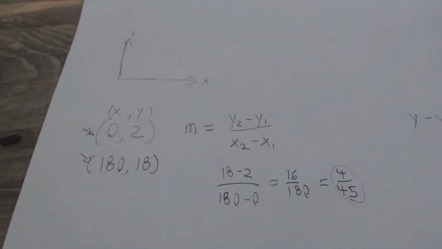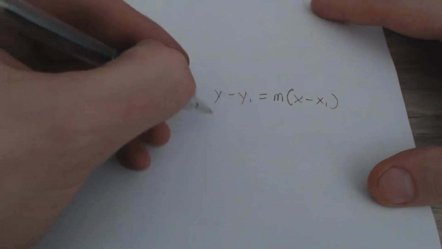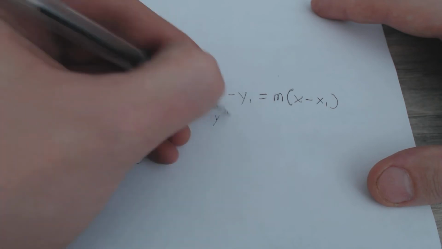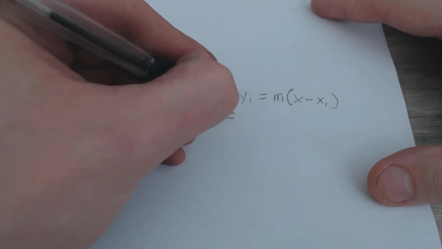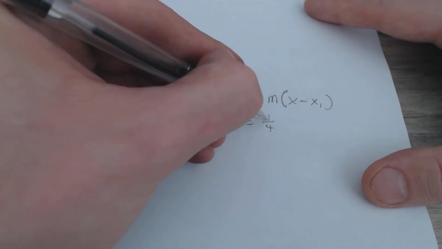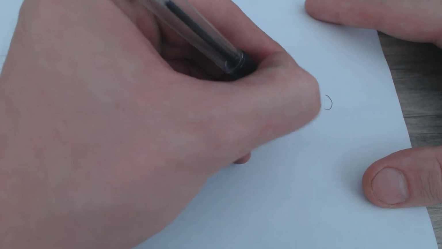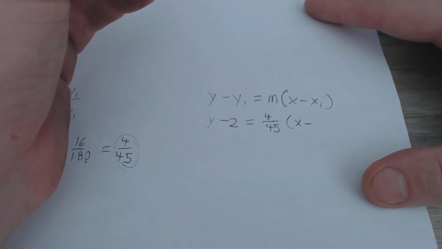So I think I'm going to pick the first point here, (0, 2), just because I feel that's going to make things easy. Smaller numbers, the better. So let's see, y1 in this case is 2. m was 4 over 45. And then I have x minus x1, which is 0.